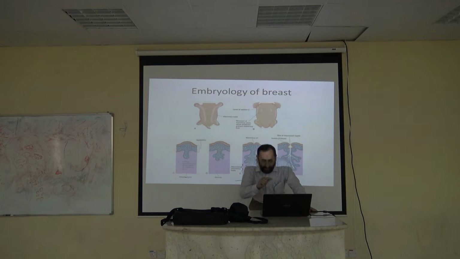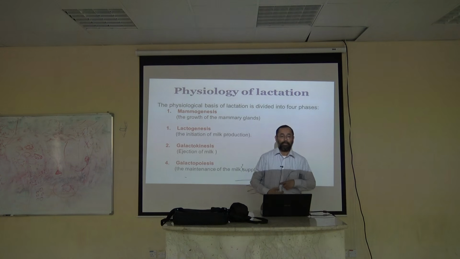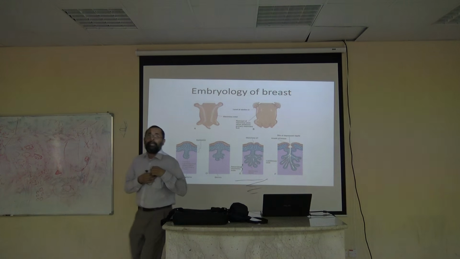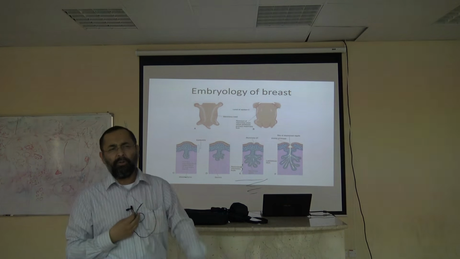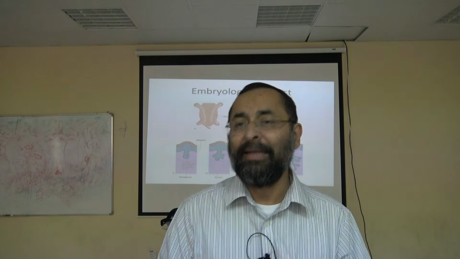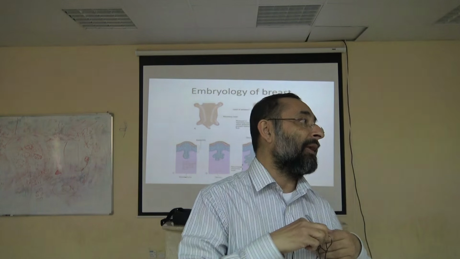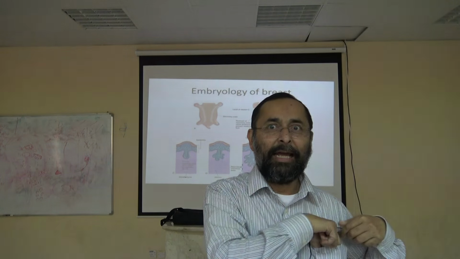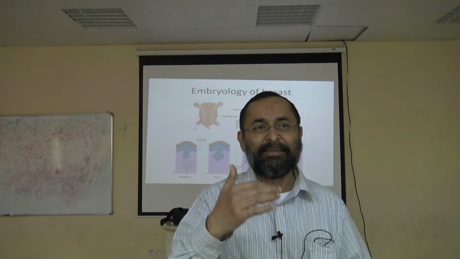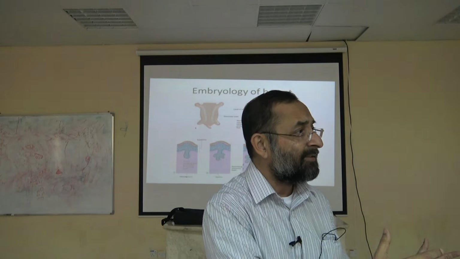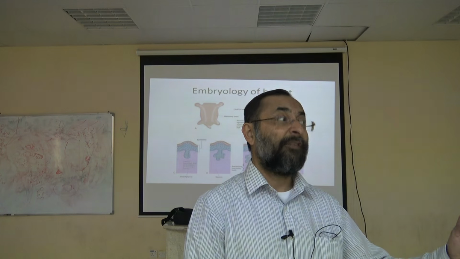That was about the embryology. Now, before I go to the lactation physiology, let us very quickly recall those changes at the time of puberty, when a female shows breast budding, and then over years a complete stage by stage development of the mammary gland. A full-fledged gland develops over a few years.